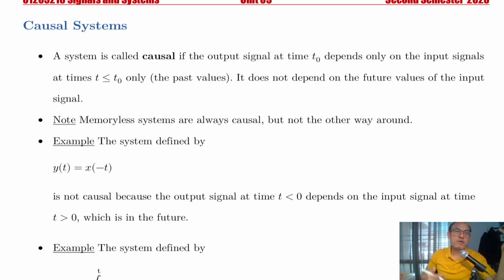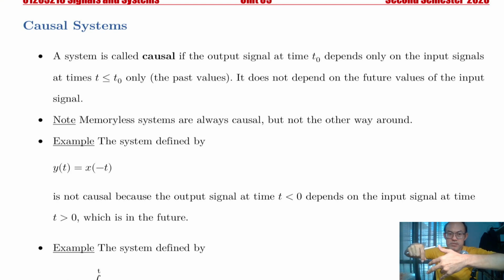You see, certain systems are implemented using computers, using memories, so you can record the future values of the input into a memory system, and then your system takes the future values of the input.